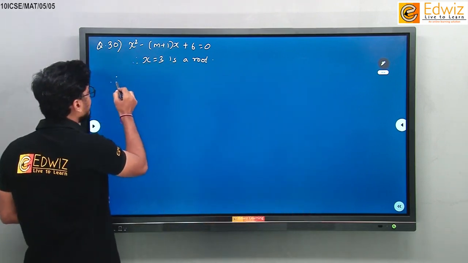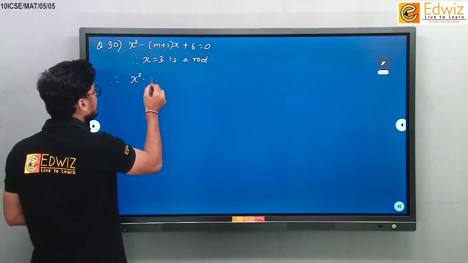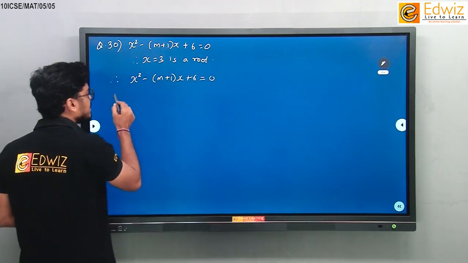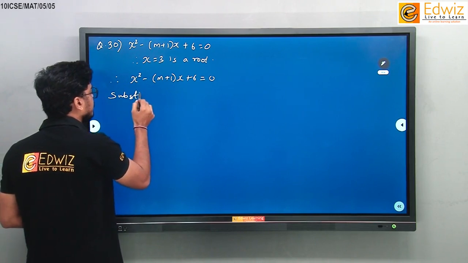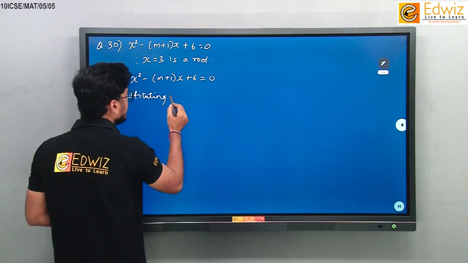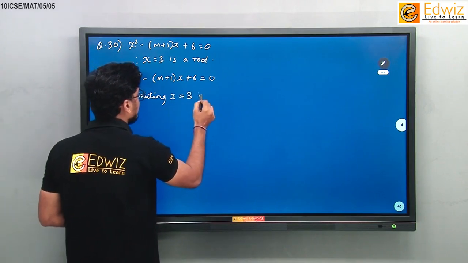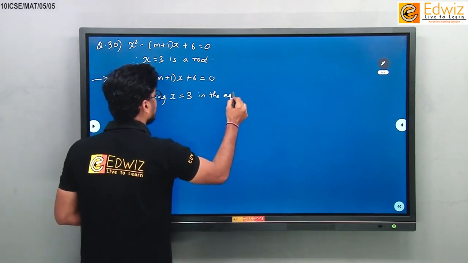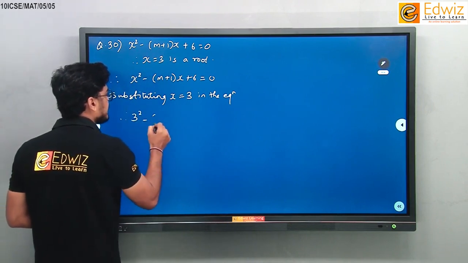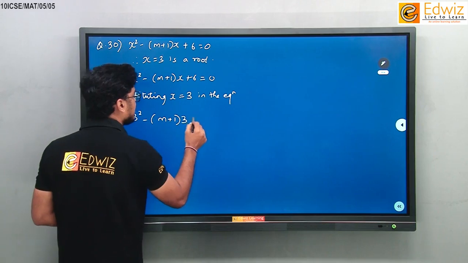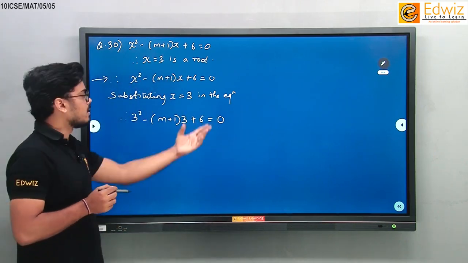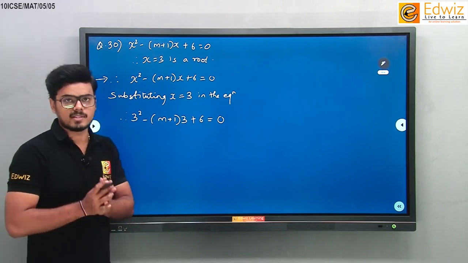So x square minus (m plus 1) x plus 6 equal to 0 is our equation. This is the solution part. Substituting x equal to 3 in the equation: 3 square minus (m plus 1) multiplied by 3 plus 6 will still be equal to 0, because we know that x equal to 3 is the root of this equation.